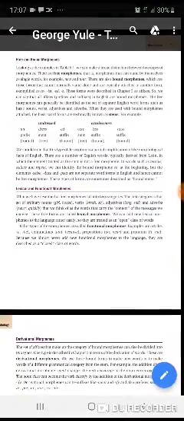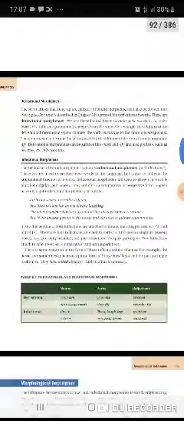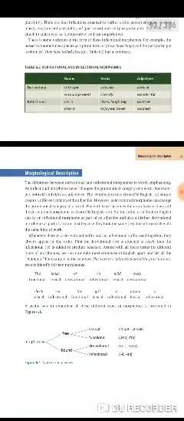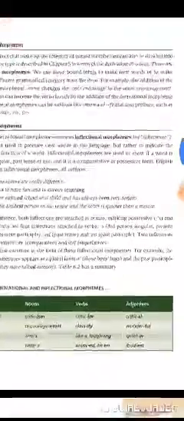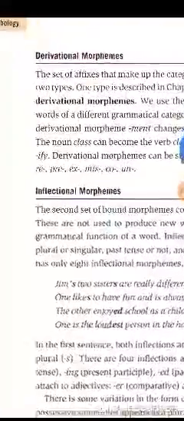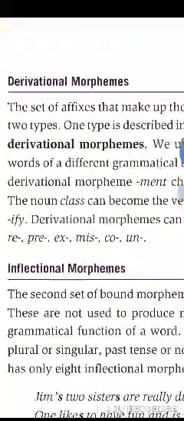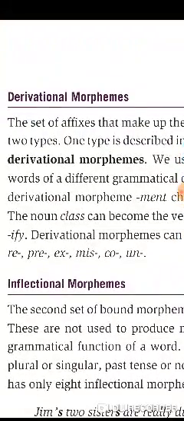Well, let us go to the next discussion on morphology. Let us go to page 78. On the top of the page it is written derivational morphemes. Remember, we talked about morphemes. What were the morphemes? They were the smallest meaningful parts.